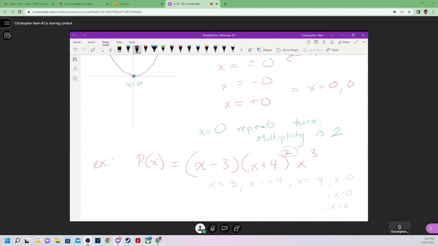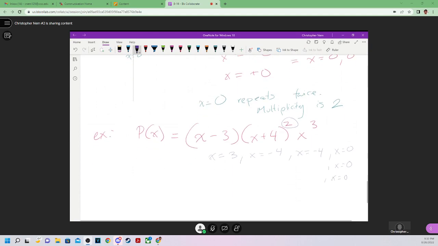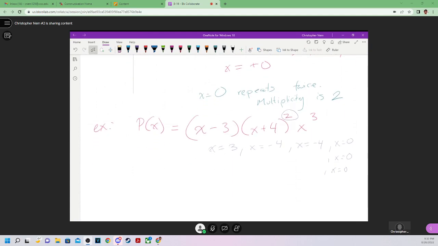It happens 3 times. When you list the solutions, you don't have to write the same solution if it repeats, but instead, I encourage you to think about its multiplicity. So we say x equals negative 4 has multiplicity 2. x equals 0 has multiplicity 3.